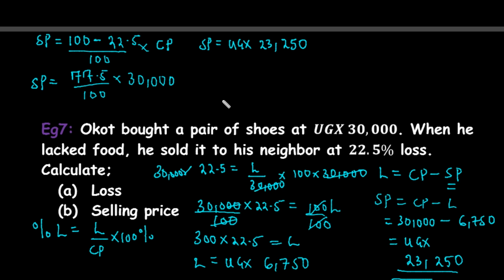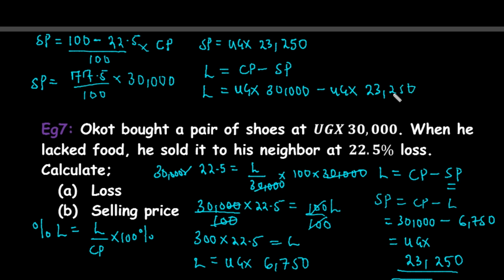Is that okay? And we said that if we want to calculate the loss, we say loss is equal to cost price minus selling price. Therefore, loss is equal to, what is cost price? How about the selling price, which is 23,250?